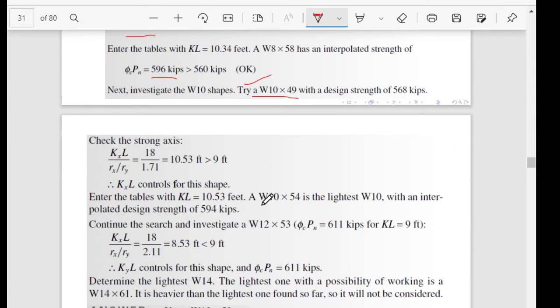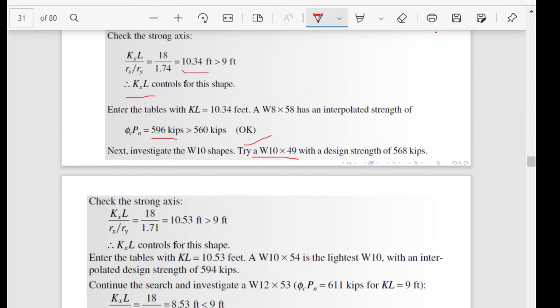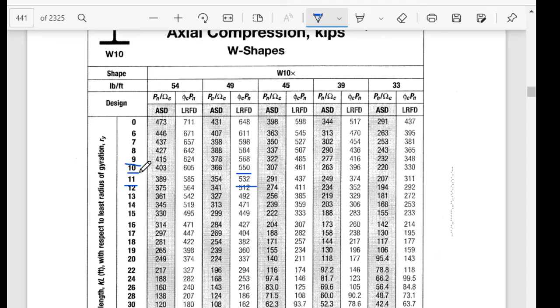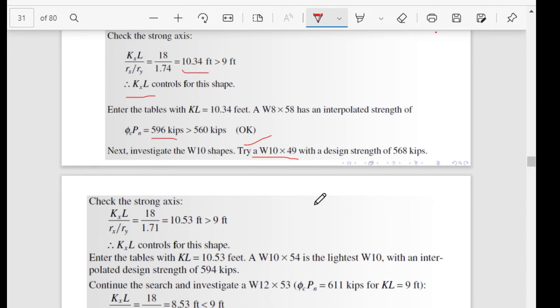Looking at the W10 by 49, between 10 and 11, since the computed KL is 10.53. Between 10 and 11, the design strength for KL 10 is 550, and for 11 is 532, which is less than 560, meaning automatically this W10 by 49 is not good. So it can no longer be used, it is already out.